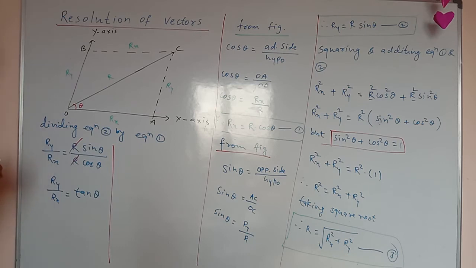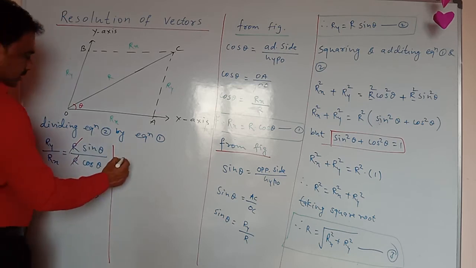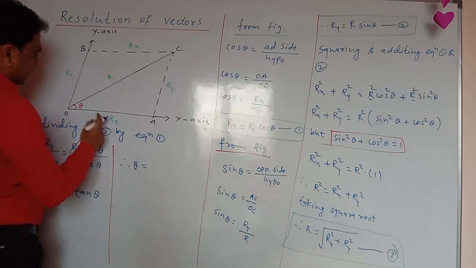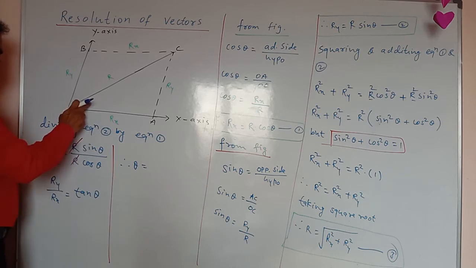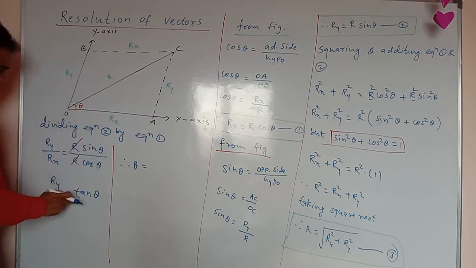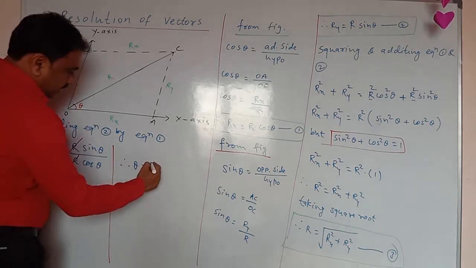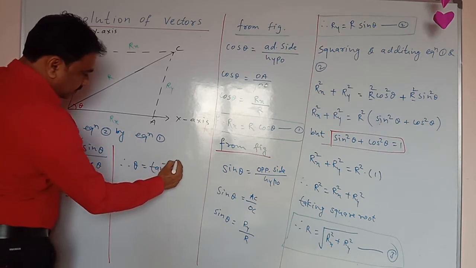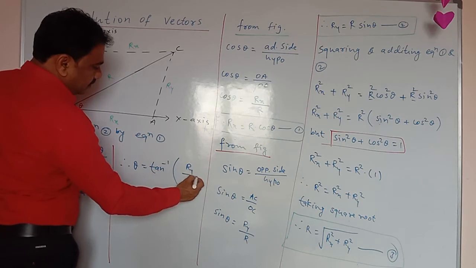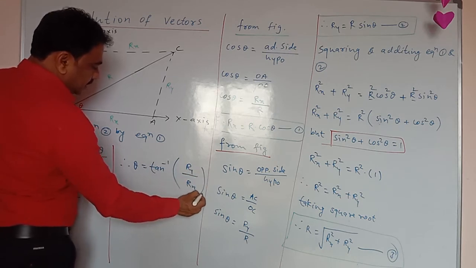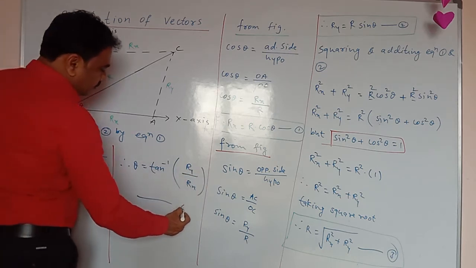Therefore theta, the angle between Rx and R, the angle of inclination, will be tan inverse of Ry upon Rx. So this is equation number 4.